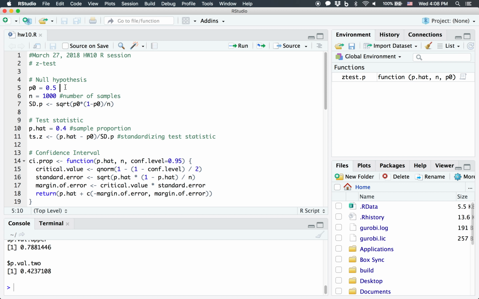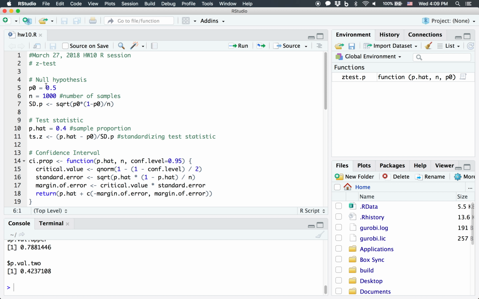Usually we define the null hypothesis as p naught, and since we are dealing in proportions, we write our belief in the population proportion as 0.5, or just define some number there. And n is just the number of samples.